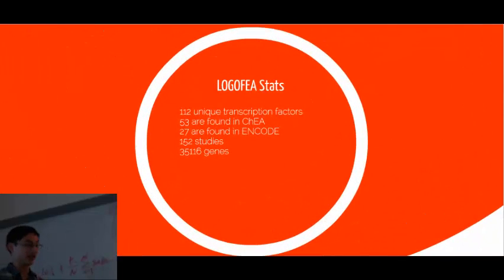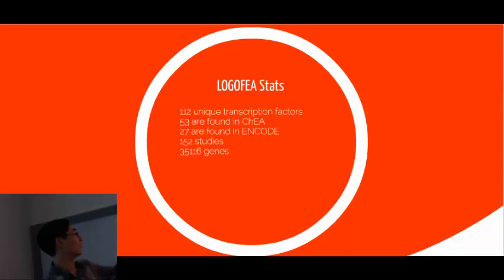So basically, this is just the characteristics of the stuff that I found using Axel's approver, right? I had 152 total studies with 112 unique transcription factors. Just again, for context, CHIA has about 170 some now, and ENCODE also has about 160, and combined between them there are like 268 unique ones, so this can be grown for sure.